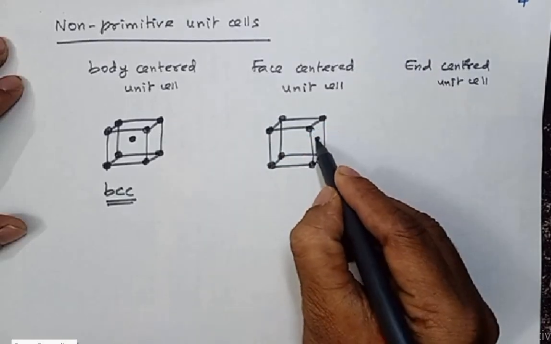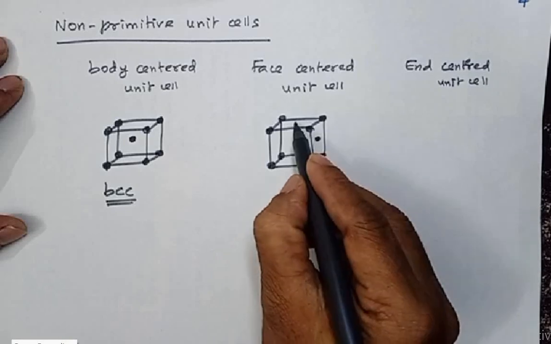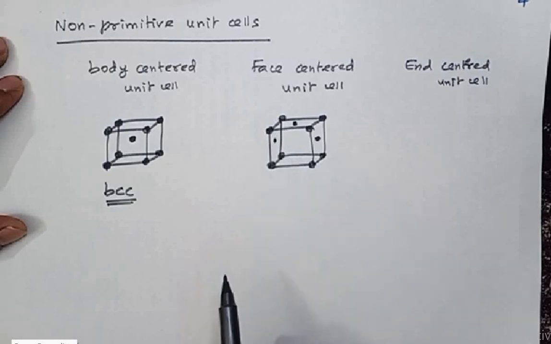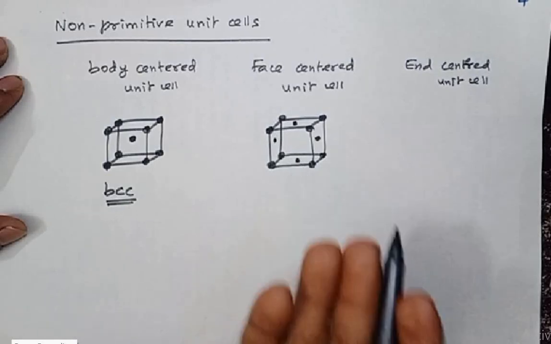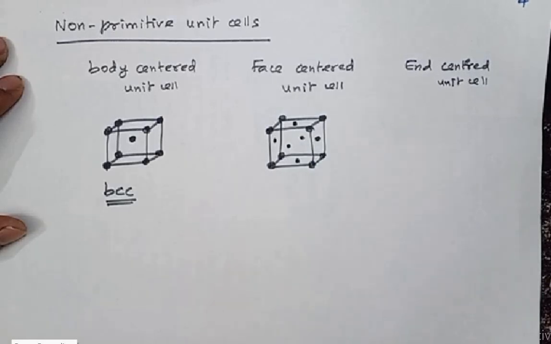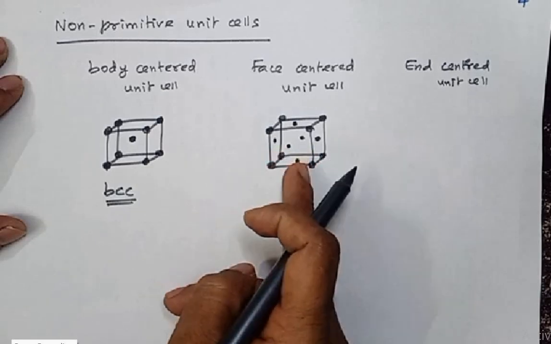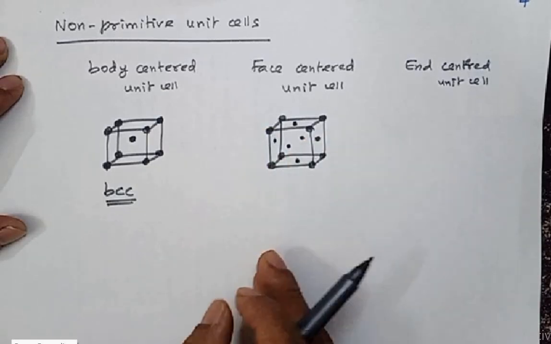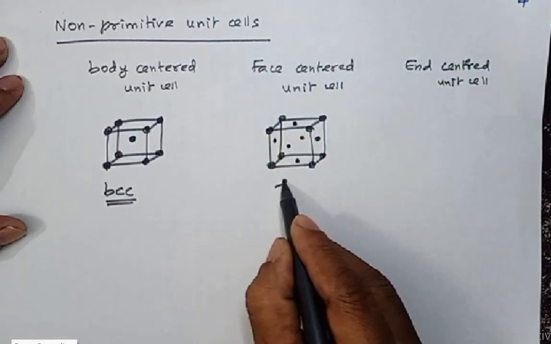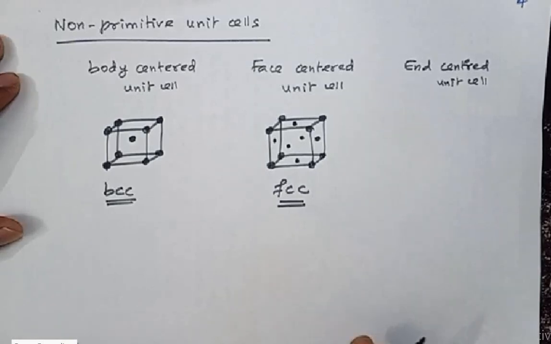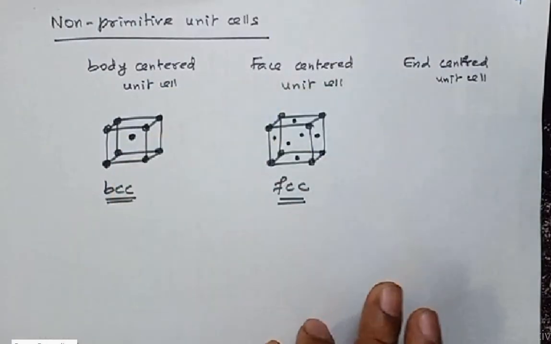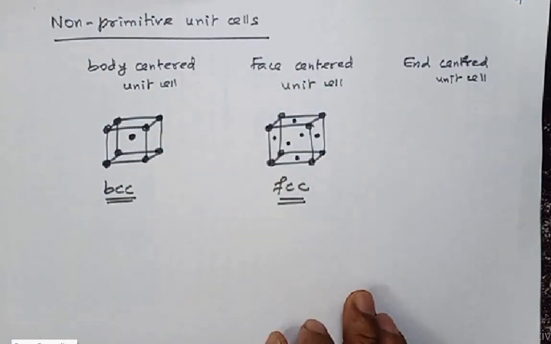So I'll place one atom at this face center, one atom at the top face center, one atom at the face center of this face, one at the base center, one at the front and one at the back. I have placed 6 more atoms in the face centers, and this is what we call a face-centered unit cell. If you take a cube, then it is called a face-centered cubic unit cell, FCC. The general term is face-centered.